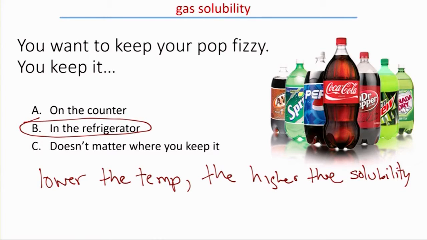If you heat up the solution, now the gas molecules have more energy, and they're going to be able to escape more, and they'll more easily come out of solution. So as far as solubility goes, lower the temperature, solubility goes up. All right, let's look at the next slide as well.